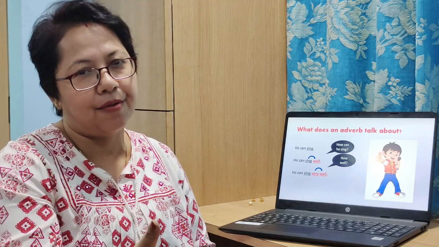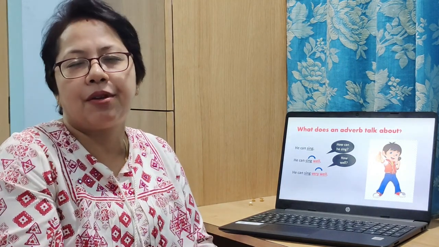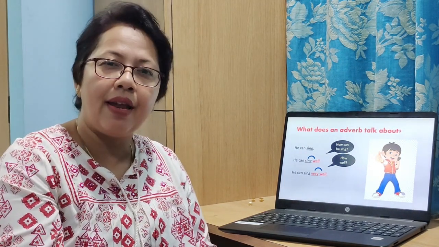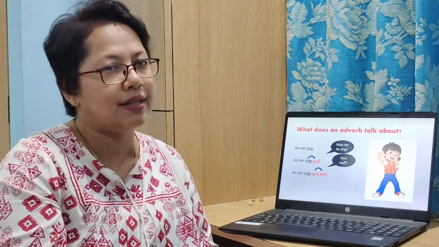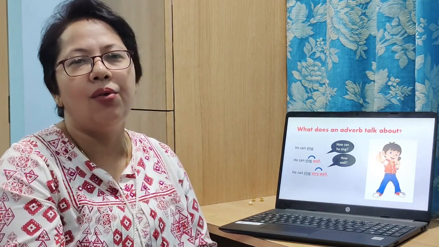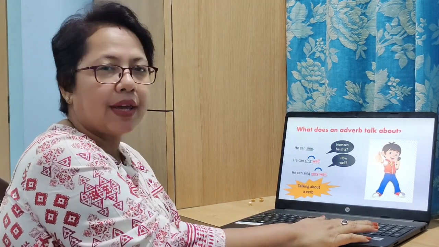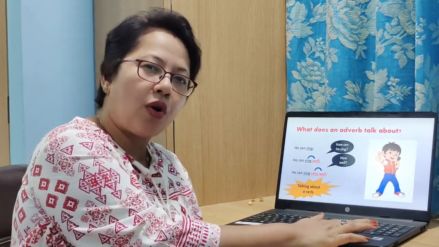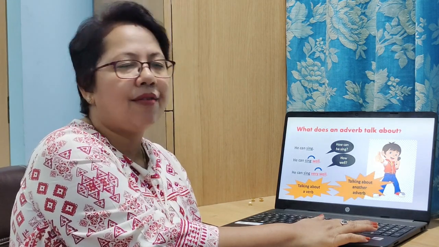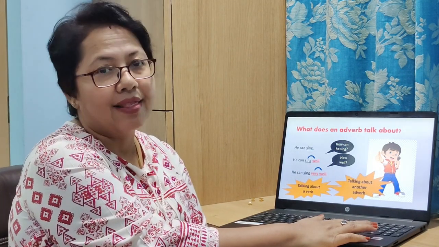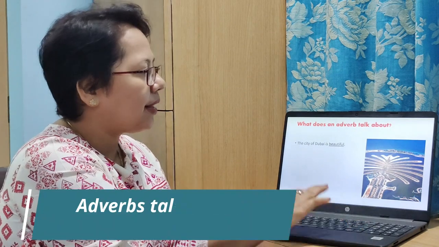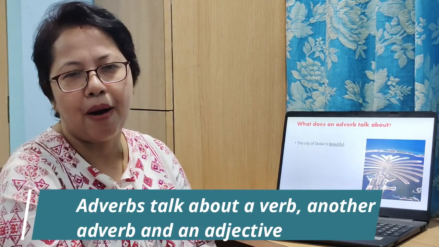Very is an adverb. Just to give you an extra bit of information, very, always, no, not, never, these are always adverbs. So adverbs normally talk about a verb, and adverbs also talk about another adverb.